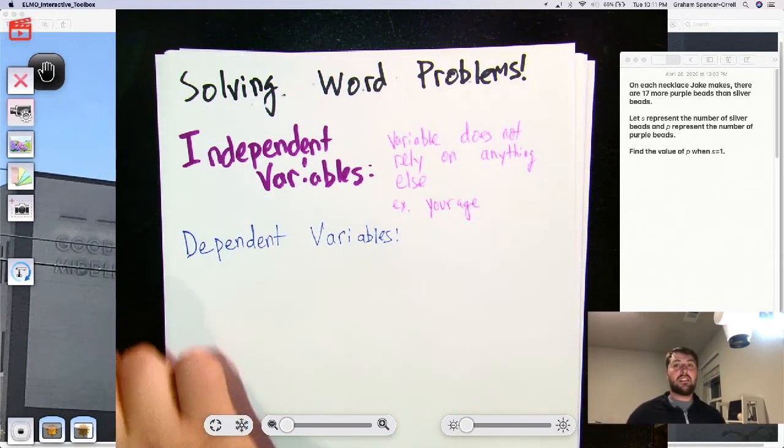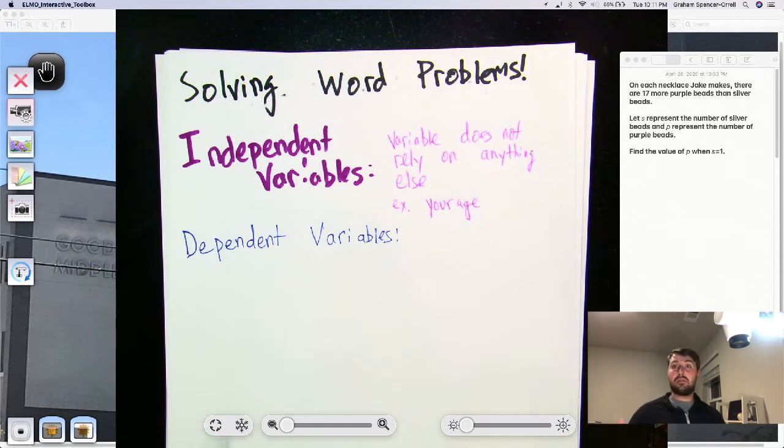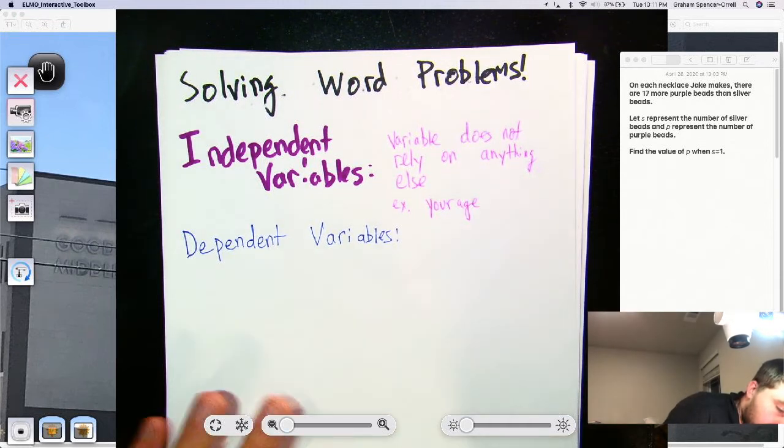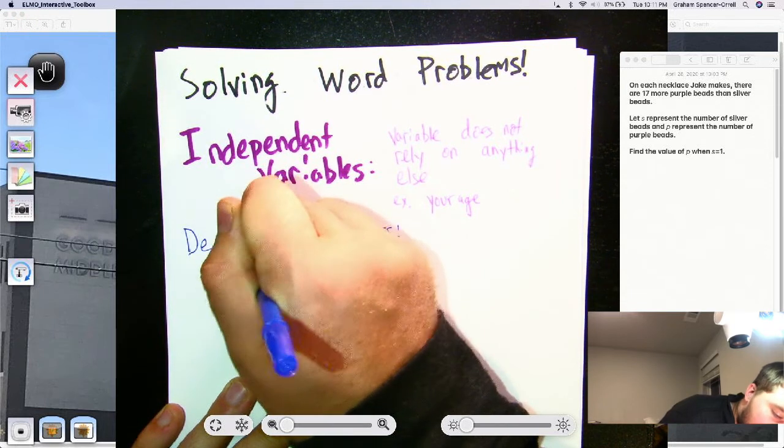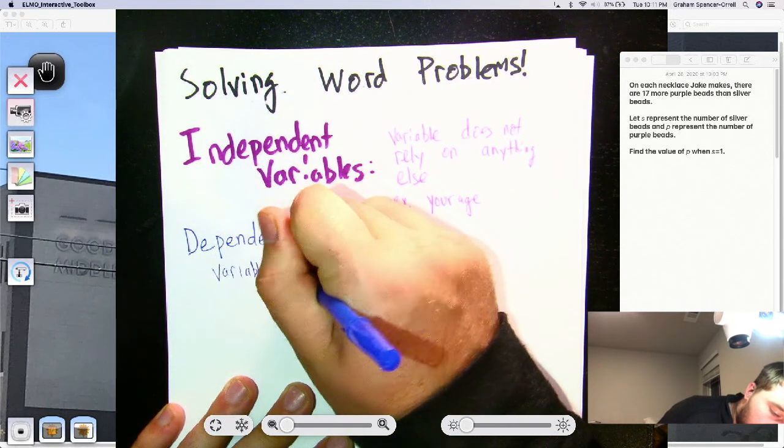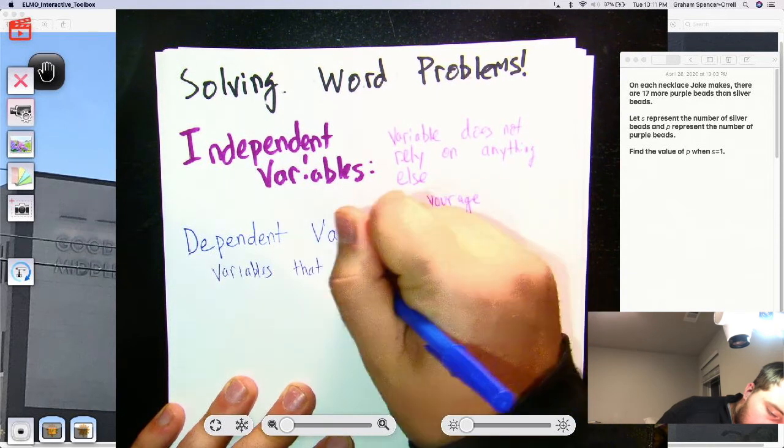Now, dependent variables depend on another variable for their outcome. So dependent variables are variables that rely on another variable.